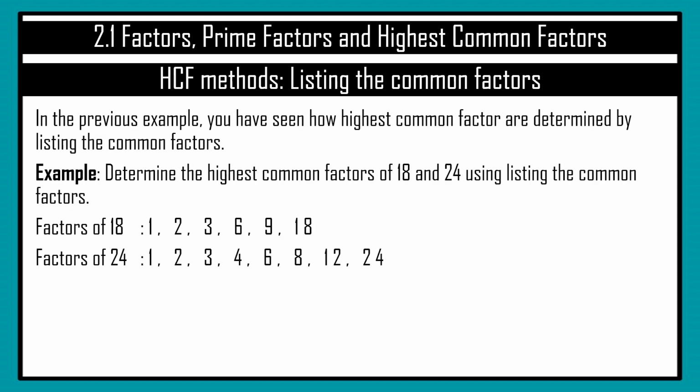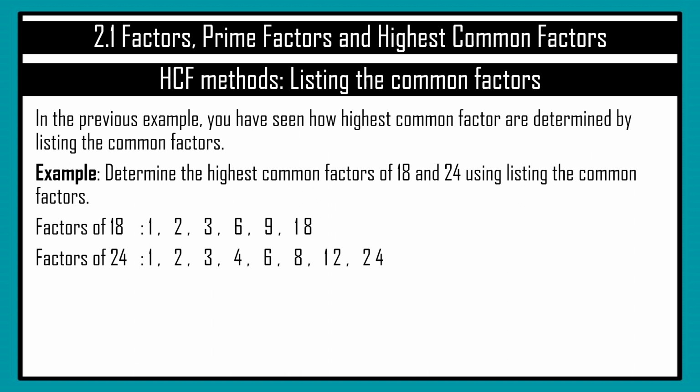Alright, so we have an example here. So when they say using common factor, number one, we need to list out the factors of the number. Okay, so in this example, we have two numbers, which is 18 and 24. So for 18, the factors are 1, 2, 3, 6, 9, and 18. And then for 24 will be 1, 2, 3, 4, 6, 8, 12, and 24.